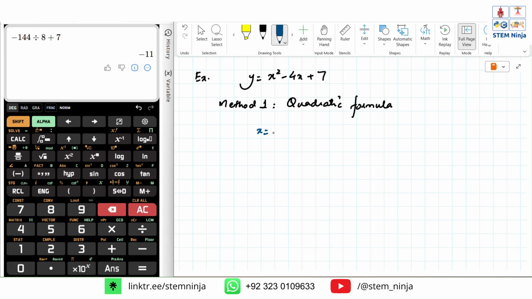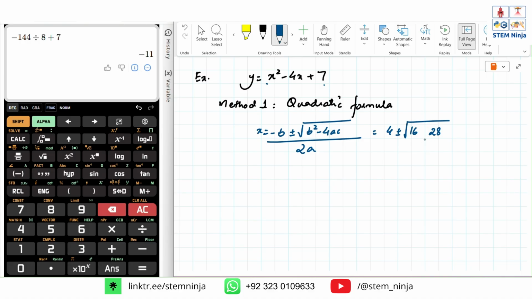So you have x is equal to minus b plus minus the square root of b squared minus 4ac, divided by 2a. So b is already minus 4, so this would be 4 plus minus the root of b squared, 16, minus 4 times 7, 28.